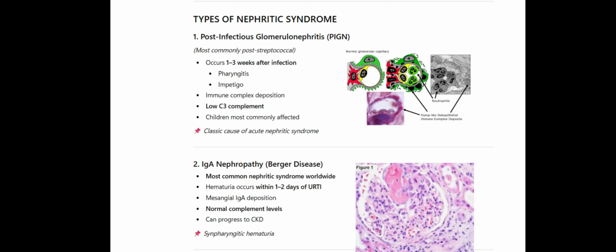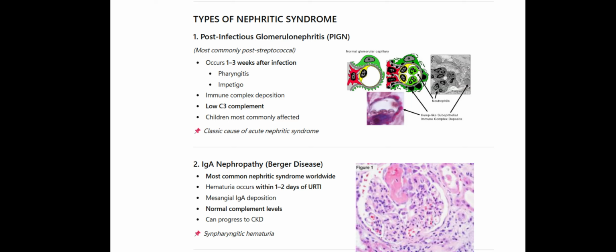These immune complexes activate the complement system, leading to reduced serum C3 levels. Clinically, patients present with cola-colored urine, periorbital edema, hypertension, and decreased urine output. Most children recover completely, while adults may progress to chronic kidney disease.